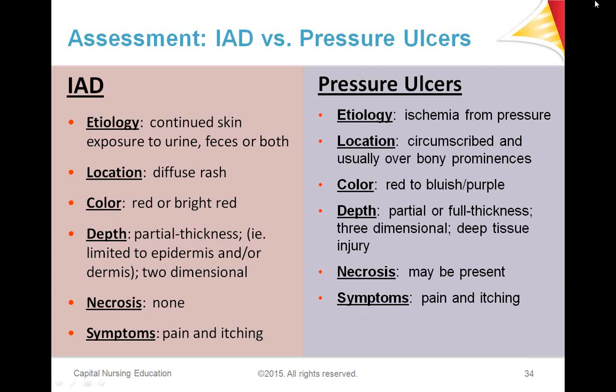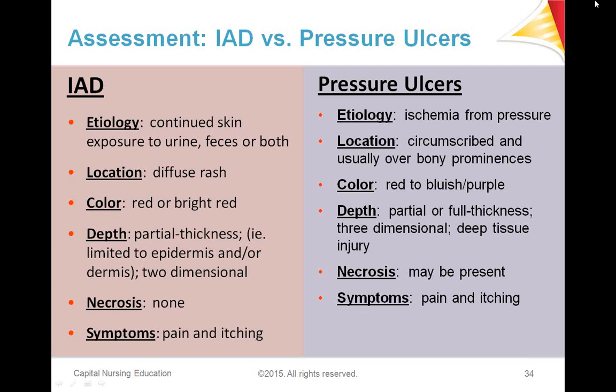And this even relates to a new stage of pressure ulcers. Depth is really, really important because in incontinence-associated dermatitis, the wounds are partial thickness. That means that the area is limited to the epidermis and the dermis, and it is two-dimensional. In other words, if we were to measure the wounds, it would be length and width only.